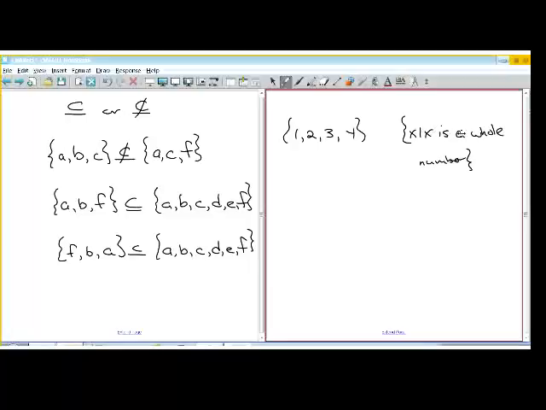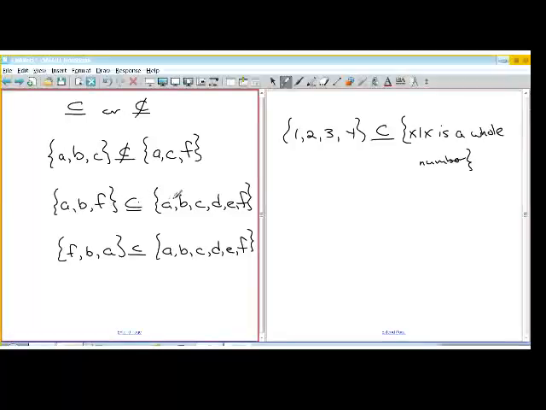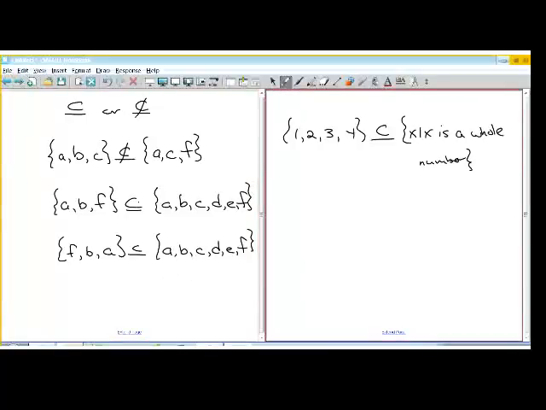So here we have 1, 2, 3, 4. Here there's a set where X is a whole number. Well, 1 is a whole number, 2 is a whole number, 3 is a whole number, 4 is a whole number. So in this case, it would be a subset. Now, in all these cases, these subsets would also be proper subsets because the only time it's not a proper subset is when these were identical to each other.